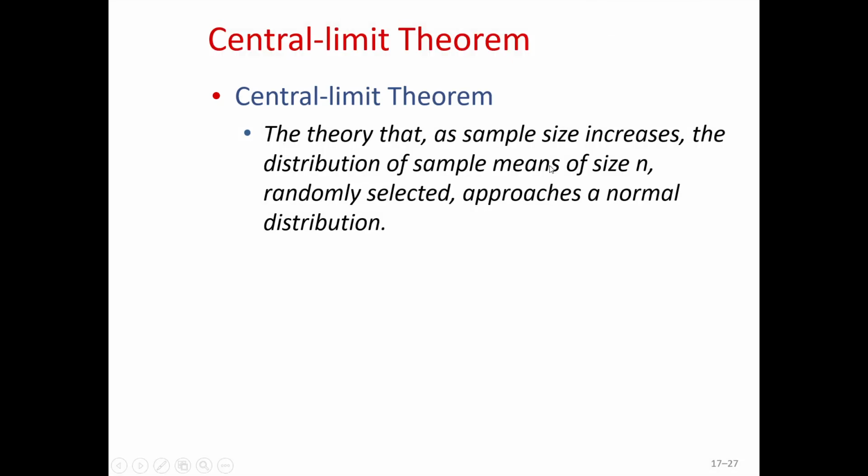The central limit theorem states that as the sample size n increases, the distribution of the mean x bar of a random sample taken from practically any population approaches a normal distribution. The central limit theorem works regardless of the shape of the original population distribution.